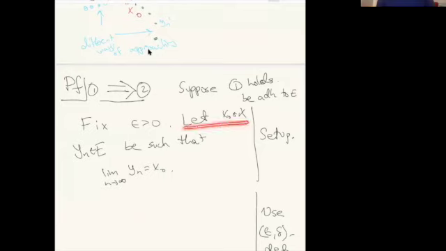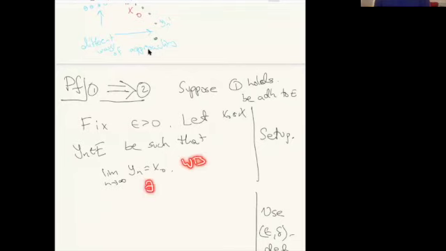Let's fix a point x0, and yn in E, so that yn approaches x0. Since yn is in E, x0 has to be adherent to E to be a limit point. So we fix those.